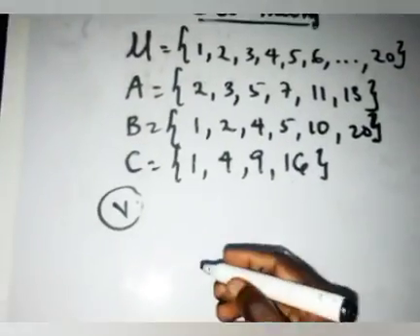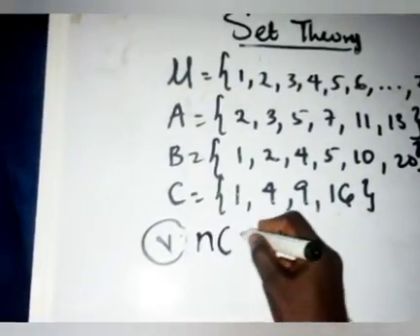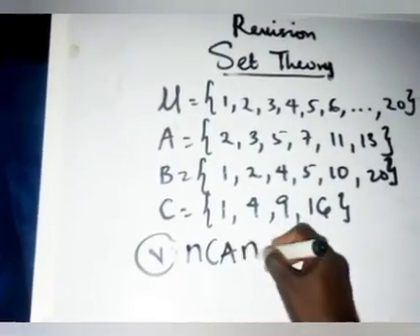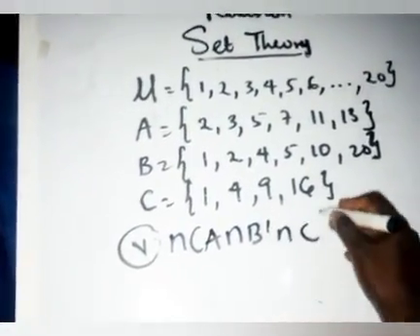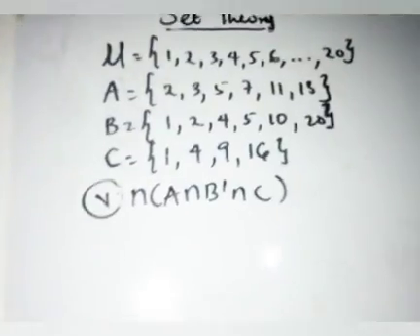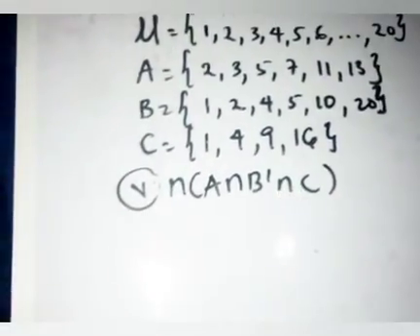The last question is the number of elements in A intersection B prime intersection C. So how do we get this? Firstly, we need to get our B prime.